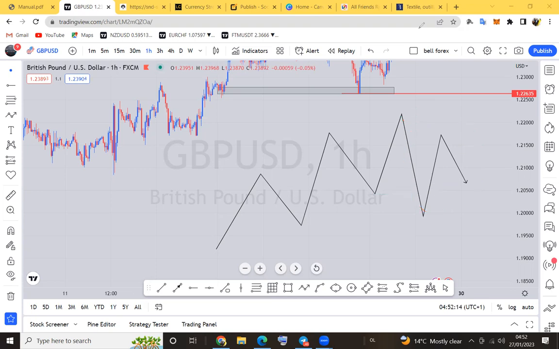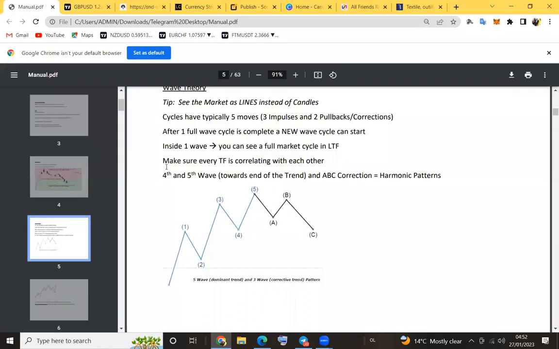If you go back to our notes, you realize this. Inside each wave, you can still see a full market cycle in the lower time frame. As I've explained before, if you take this wave 1 and change to a smaller time frame, you will see beautiful waves inside it.